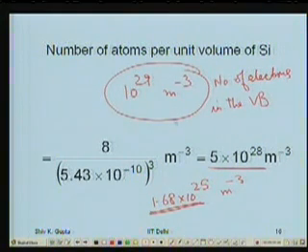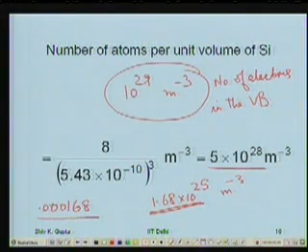What fraction is this? 1.68 times 10 to the power minus 4. It's a very small fraction, 0.000168, you can call it 0.0002 if you want, which means about 0.02%.